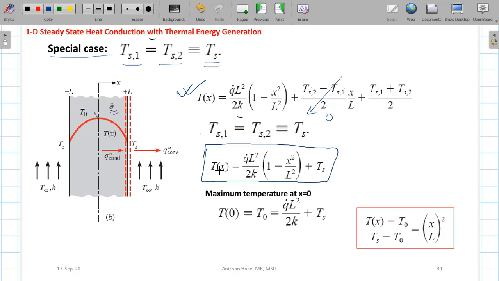So this will be the temperature field now, and this temperature field, if you plot, will be exactly like this, and it will be a symmetric one, because here the boundary conditions are symmetric, the temperature Ts, and heat generation is symmetric. So definitely there will be a symmetry with respect to the axial position, and that is also clear from the expression. So this will be the expression of Tx.